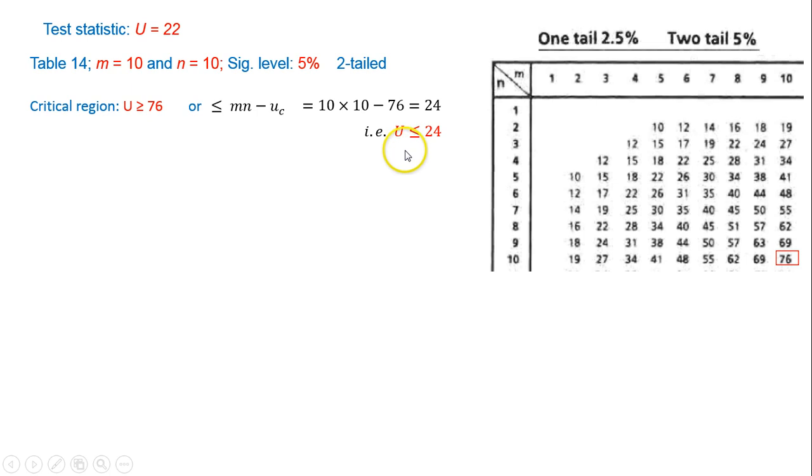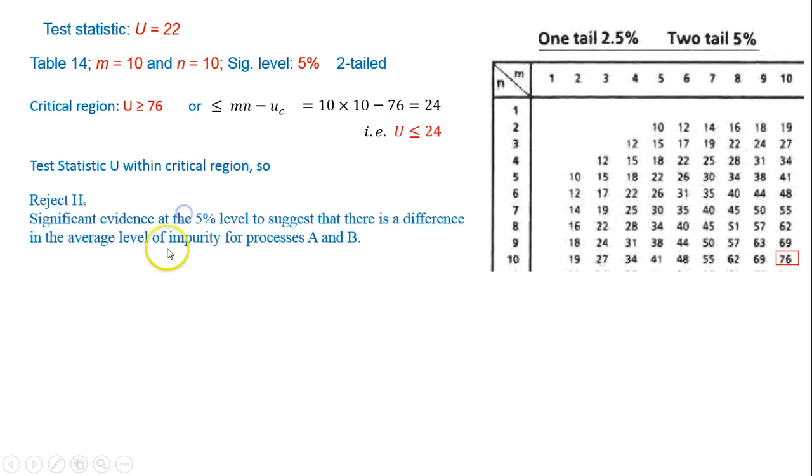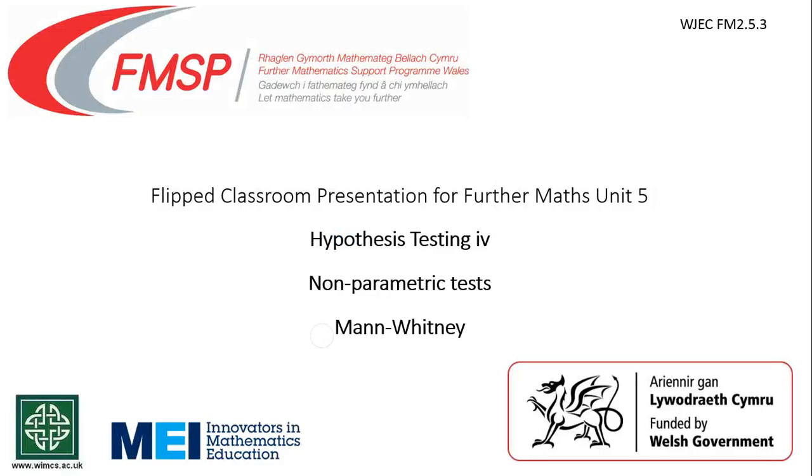So U is either less than or equal to 24 or greater than or equal to 76. So our test statistic is within the critical region, so we reject H0. There is significant evidence at the 5% level to suggest that there is a difference in the average level of impurity for process A and B.